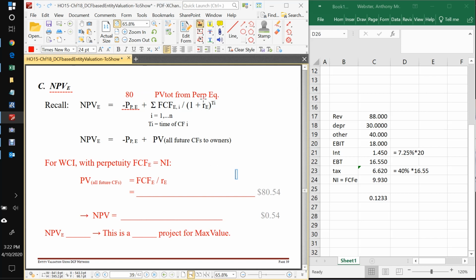That's just the net income, which we have to discount properly. And with our perpetuity, we've already shown the free cash flow in any given year is the net income. So the present value of all the future cash flows they're going to get out of this firm, if it lasts forever, not growing, not shrinking, is going to be what?